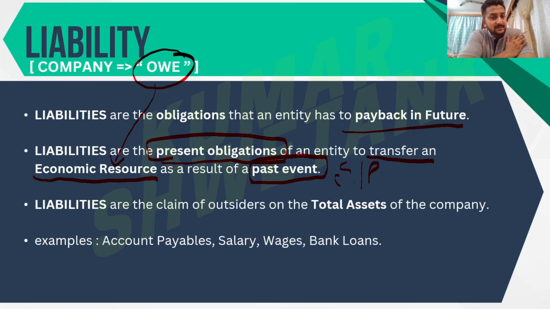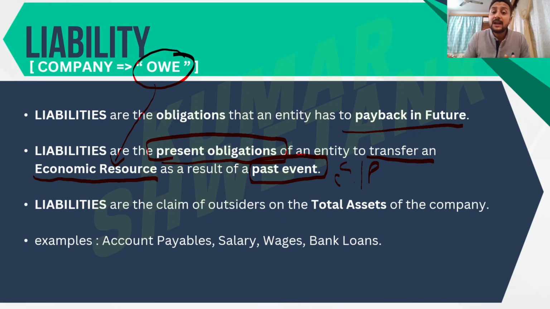If you are living in a rented apartment, when you live there for a month, you pay the rent to the landlord. For that past event, that accommodation for the last one month, you have to pay rent. If you have a driver, he gives you service for the whole month, then you pay him the salary. For the past service of one month, you transfer some economic resource to him.